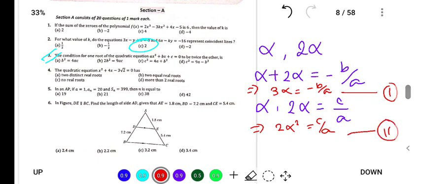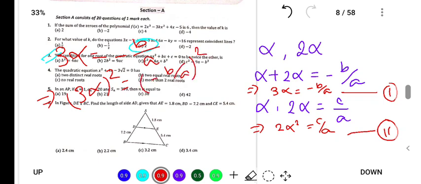Using these equations we will find the relation. One thing you can do is take the square on both sides of equation 1, 3 alpha is equal to minus b upon a. So 3 alpha whole square is b upon a whole square.